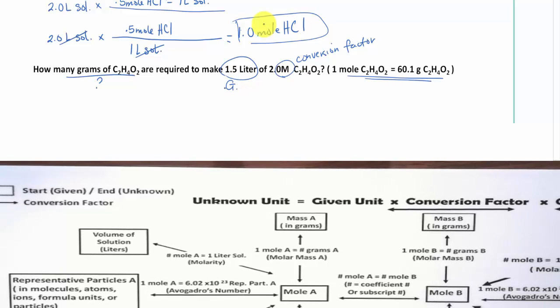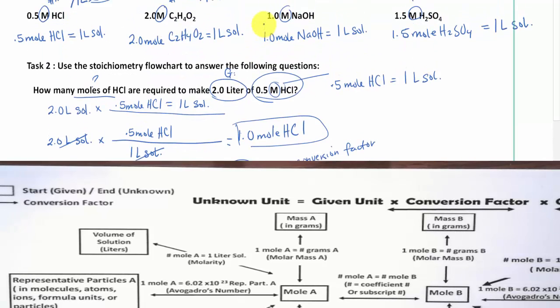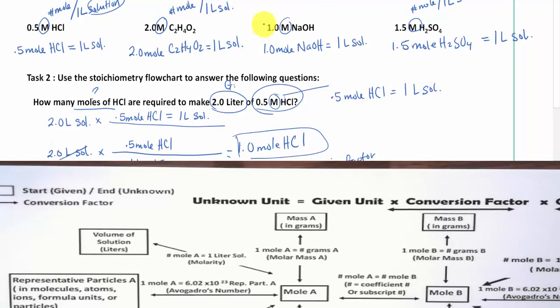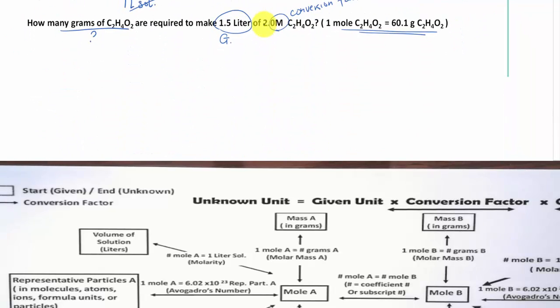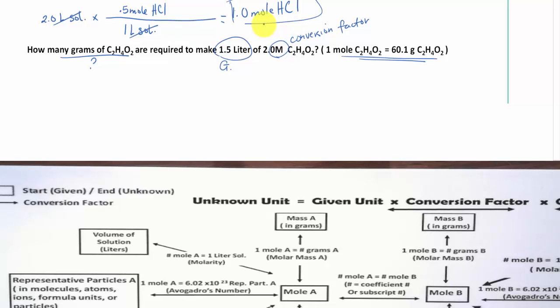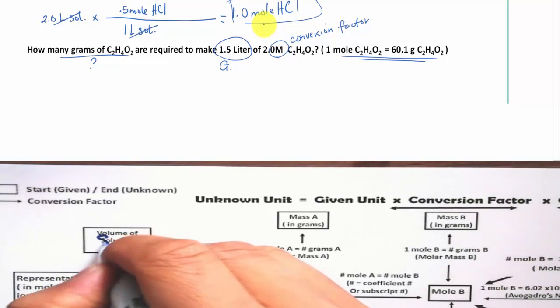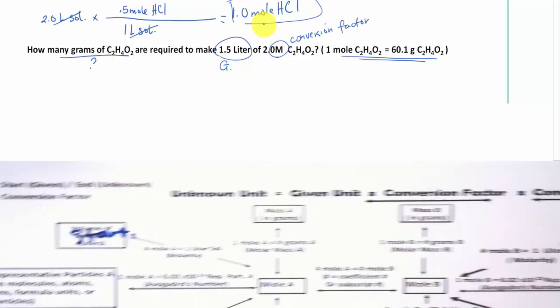So in this case, our given is liter of solution. How do I know it's a solution? Because the volume for molarity is always relative to the solution. That's how I know. So in this case, let's go back to the flow chart. This is where we start. And where do we end?